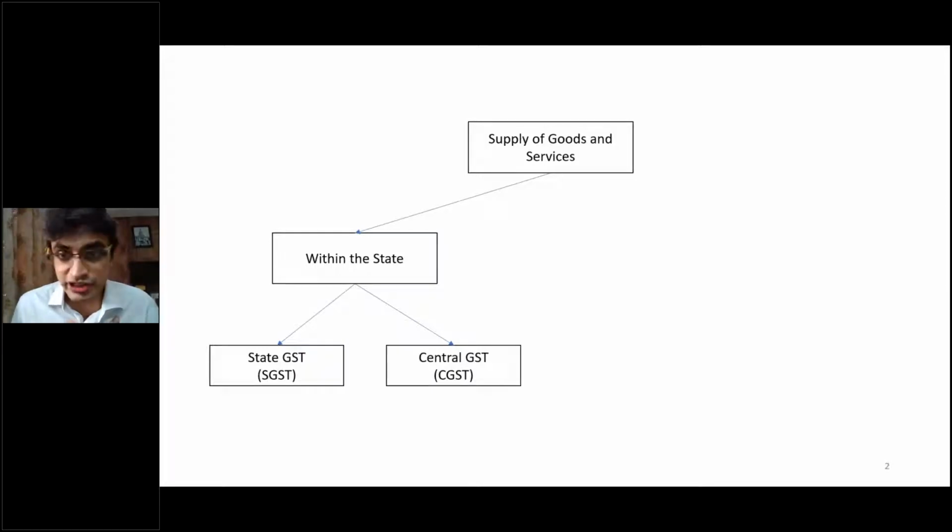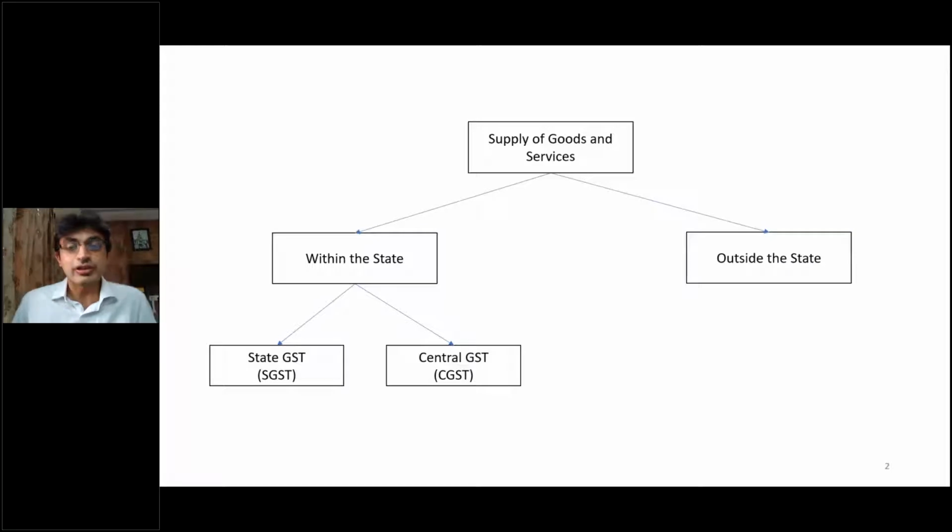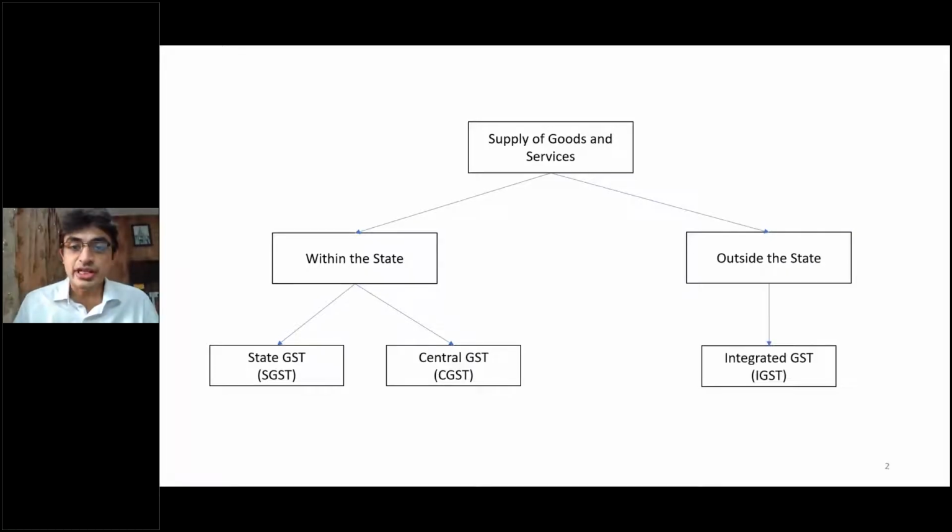CGST and SGST. When the buyer and the seller are within the state, place of supply within the state, you will charge CGST and SGST. But if your place of supply is outside the state, which tax will come? It will come as IGST. You know this. This was basic knowledge.